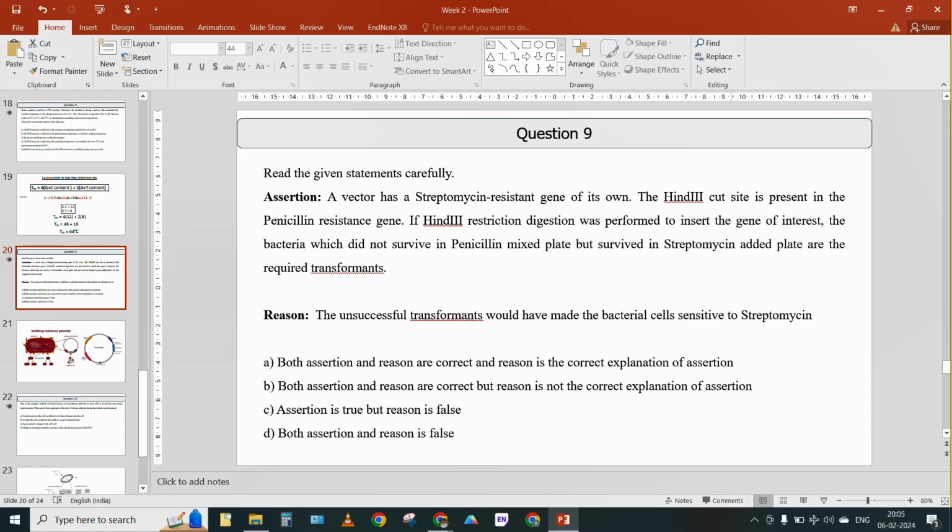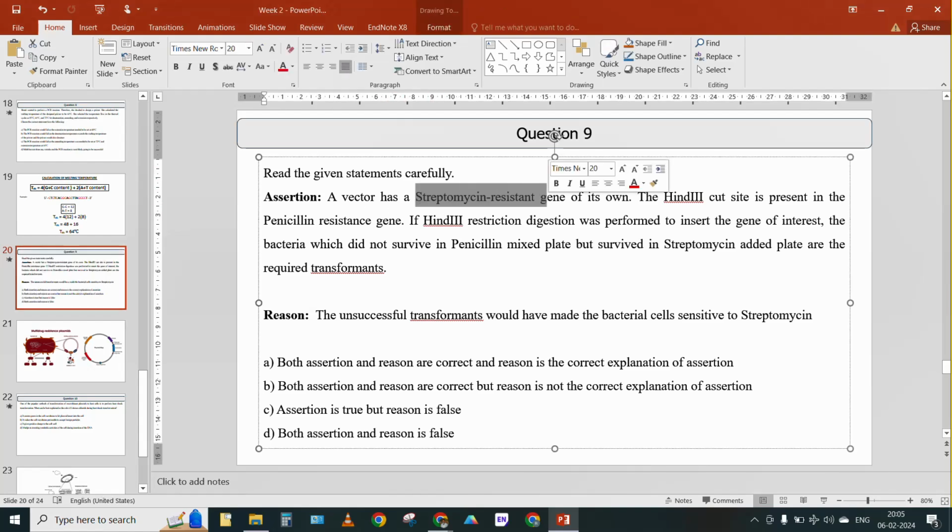So let me explain this. We'll start from the streptomycin resistant gene. In molecular biology, an antibiotic resistant gene serves as a crucial marker during genetic engineering and other work. It is typically incorporated into vectors such as plasmids, and this gene confers resistance to a specific antibiotic.